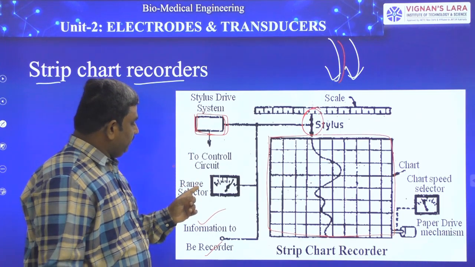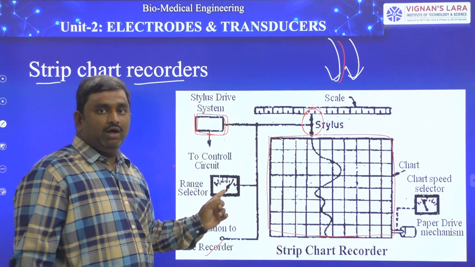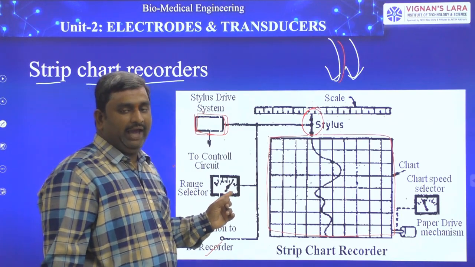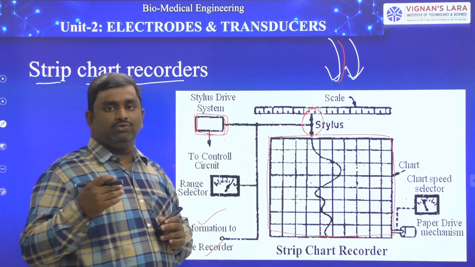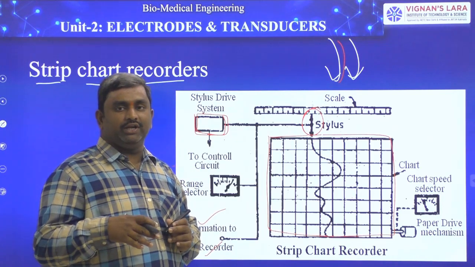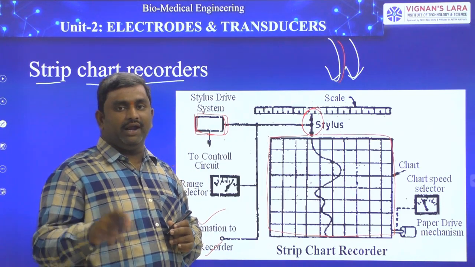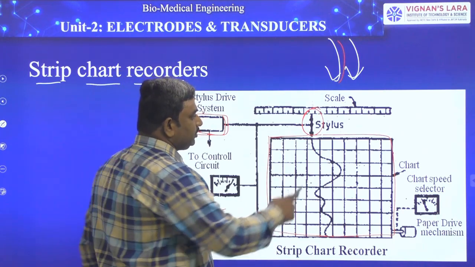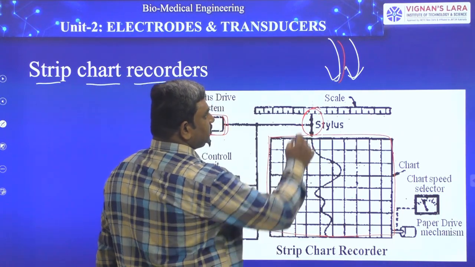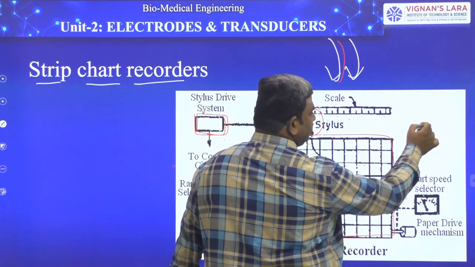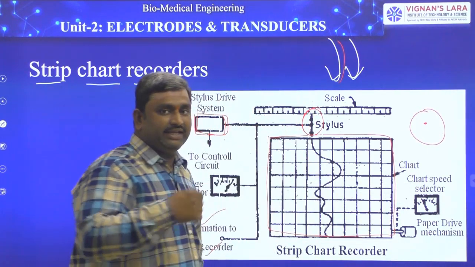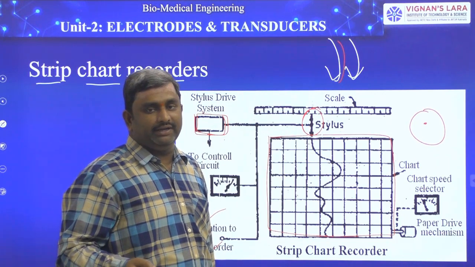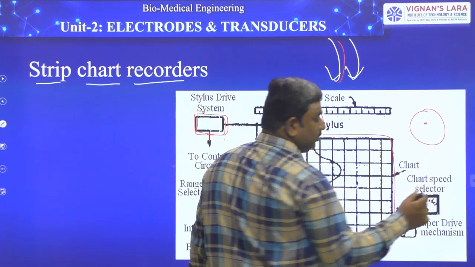Next, here we have a range selector. The range selector will help with the pen moving directions. The pen has to move in a 360 degrees direction, or 180 degrees, or 90 degrees. For example, the pen is here. 360 means it will rotate in a full circle.